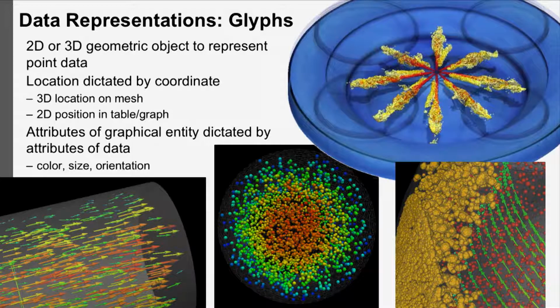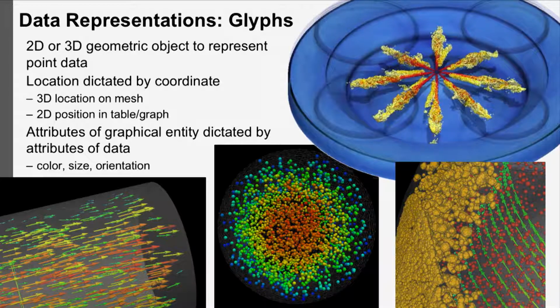In these examples up here, the one on the lower left has some arrows that are scaled to different sizes based on velocity, and the direction they're pointing is based on the orientation of the vector. Similarly, in this middle example, they're colored by their velocity.